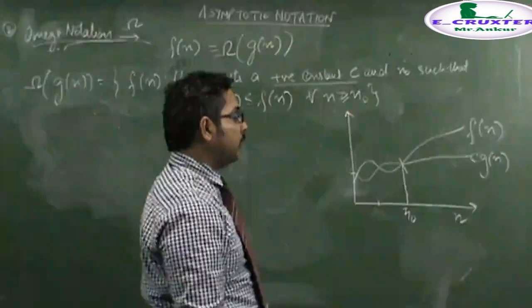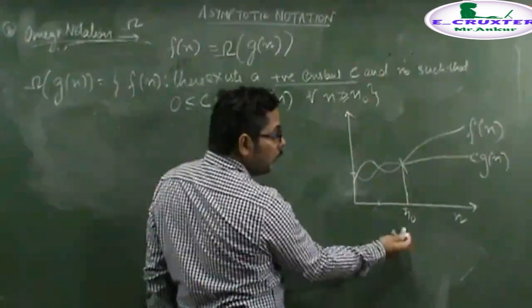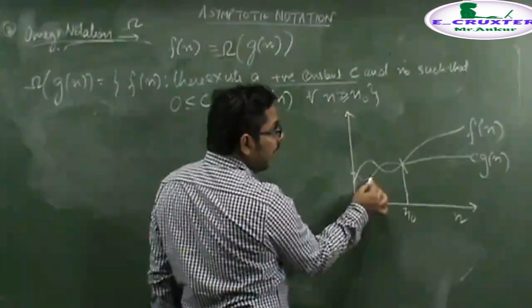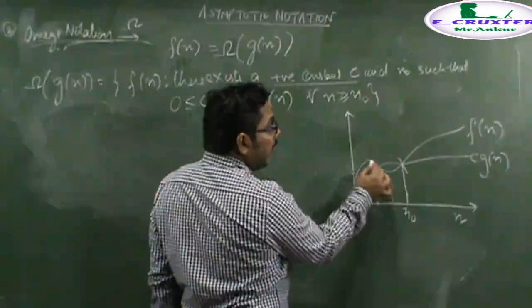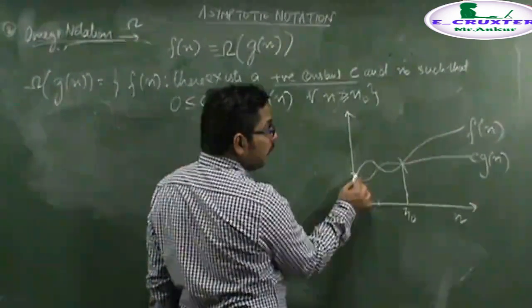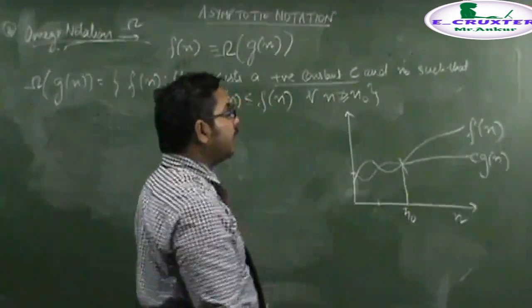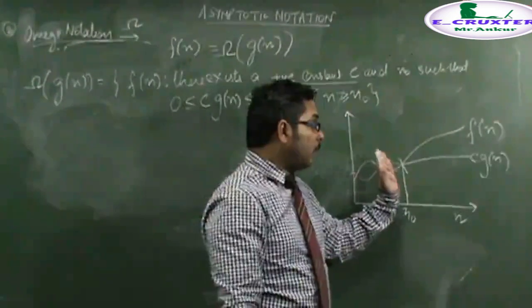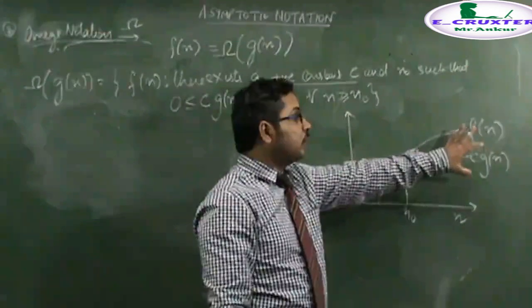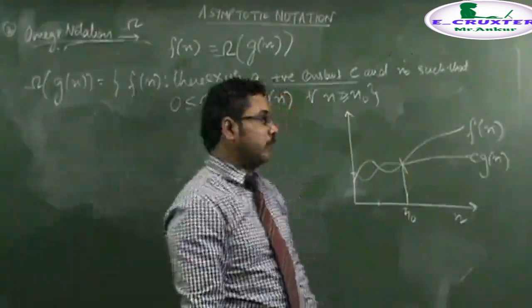They are below f(n). Before this point, sometimes f(n) is larger, and sometimes g(n) is larger. Here f(n) is larger, and here g(n) is larger. That is, we are finding an input after which the g(n) function is always acting as a lower bound for f(n).